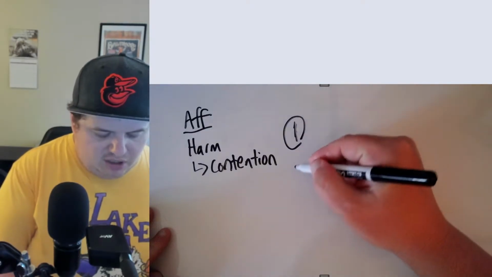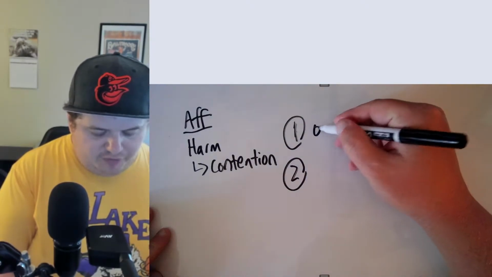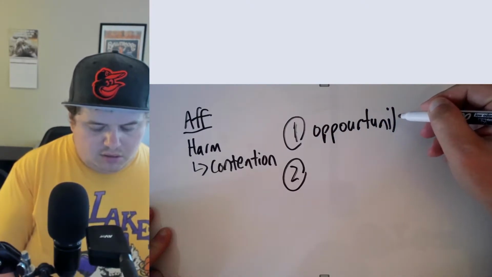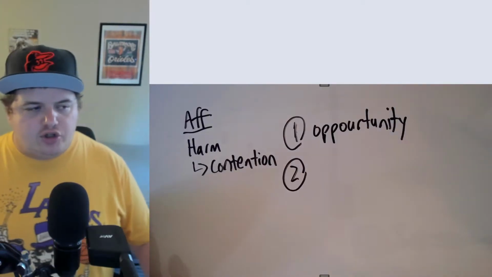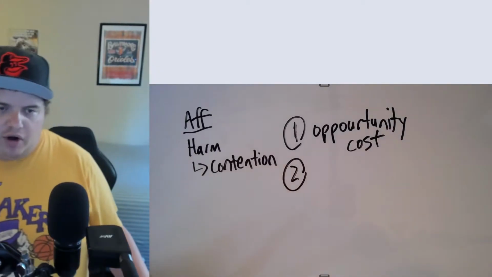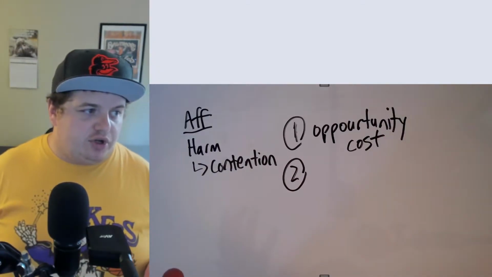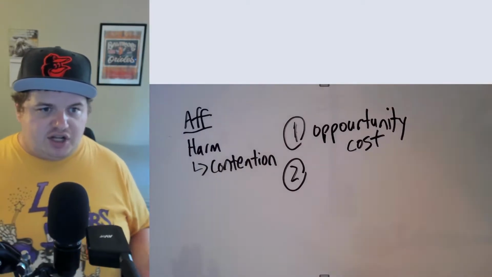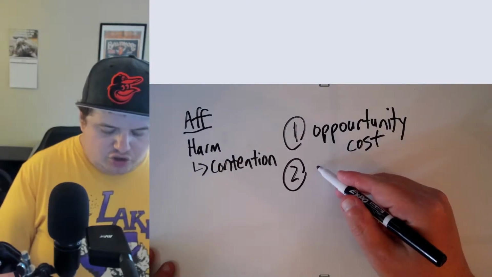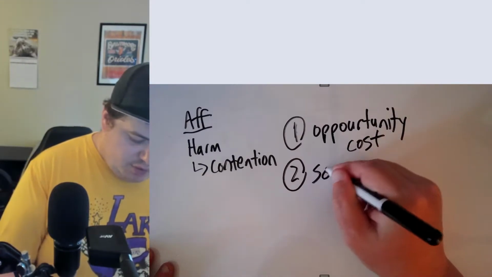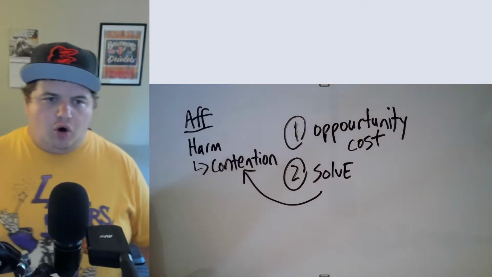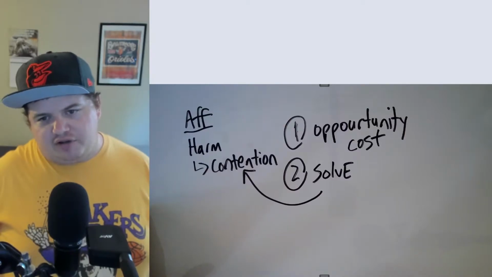The first thing that it does is it provides an opportunity cost to doing the affirmative in the debate, right? The affirmative presents one opportunity, the negative in the debate presents another opportunity. It also tries to solve or resolve the contention or harms or something about the affirmative.